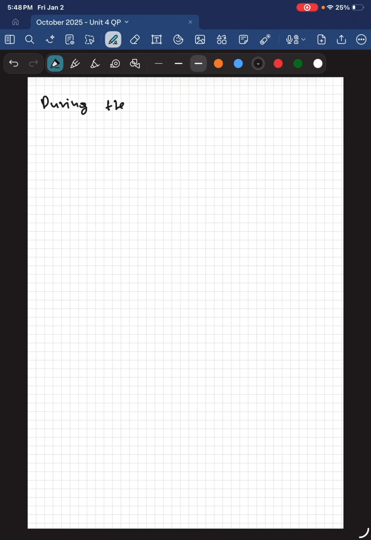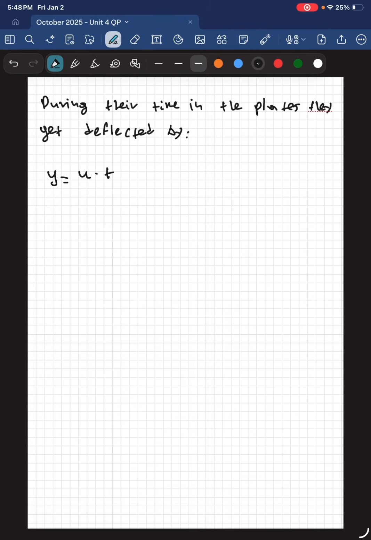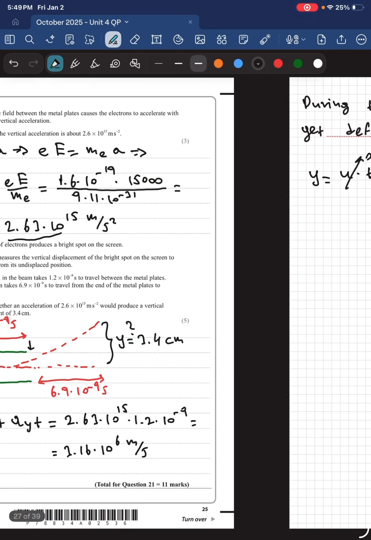During their time in the plates, they get deflected by y equal to u times t, but there is no initial velocity in the y direction, plus 1/2 ay t squared, with the same t.